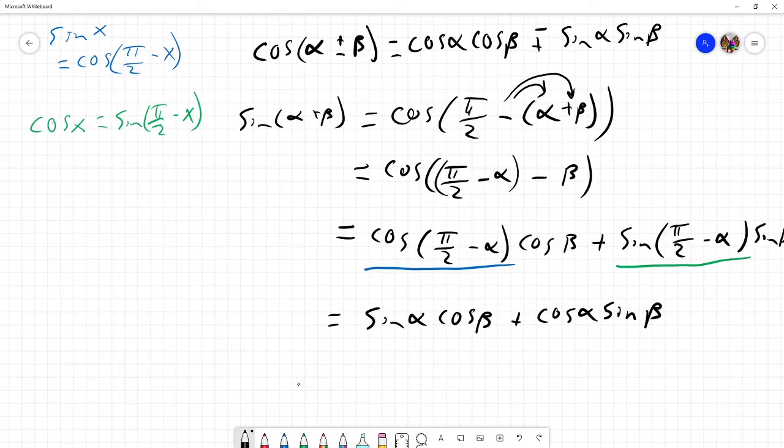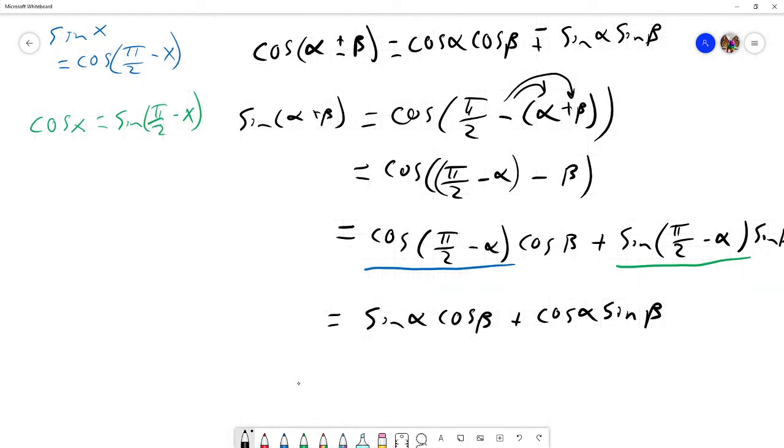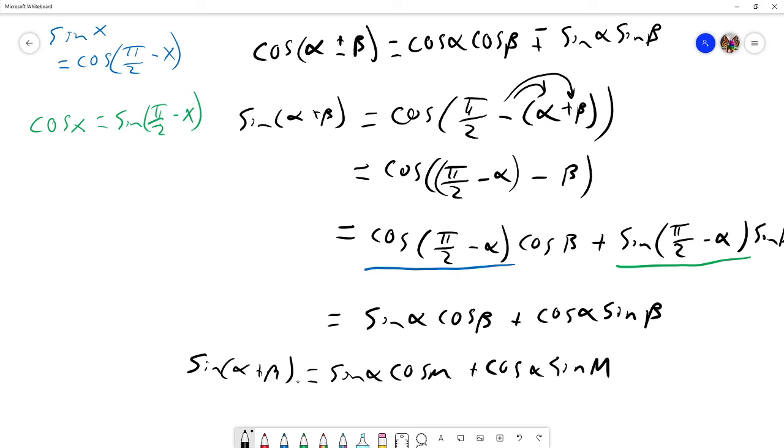Now, to discover the subtraction identity, we can make a substitution. So if we say sine of alpha plus m is equal to, just using what we just proved, sine alpha cosine m plus cosine alpha sine m.